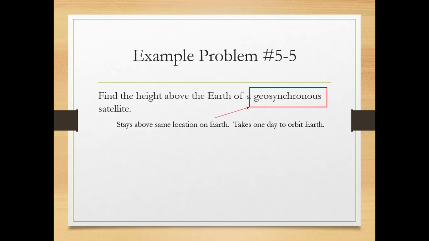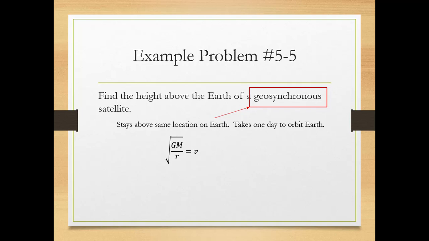We'll see that there's a disadvantage to that when we calculate the height above the Earth, and the disadvantage is you've got to put it pretty high above the Earth. So you trade off your ability to take really good pictures for being able to watch what's happening over that country at all times. There's a trade-off in there, and we'll figure out why that is when we calculate the height above the Earth.